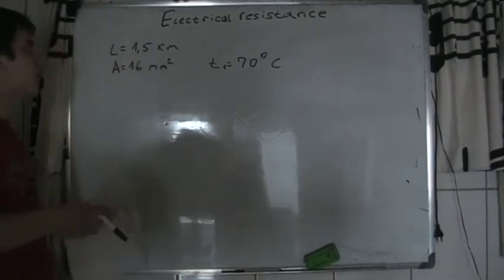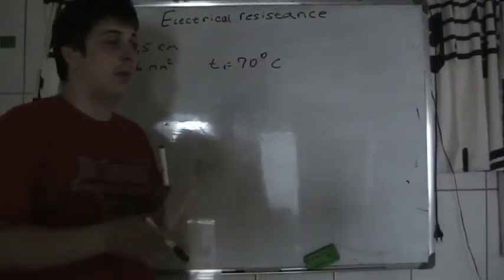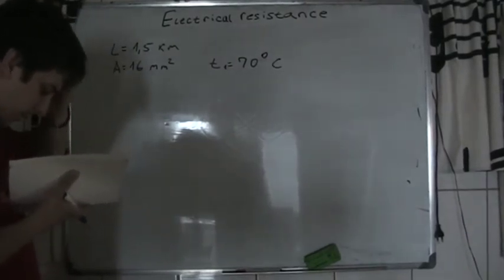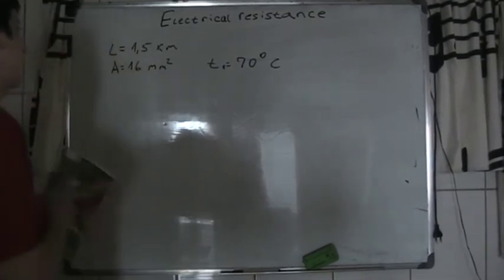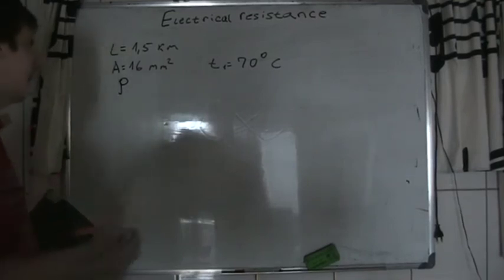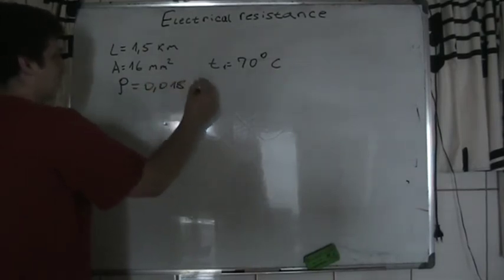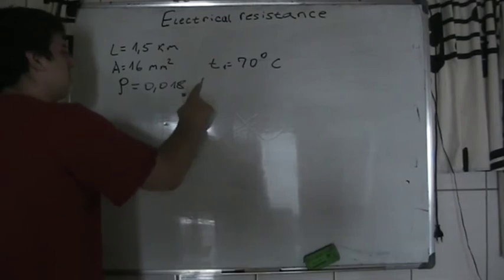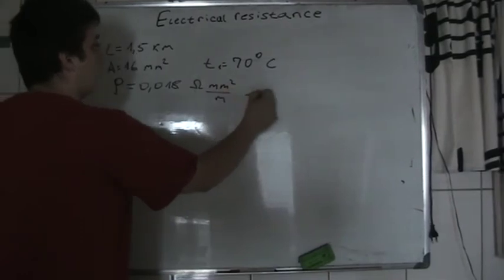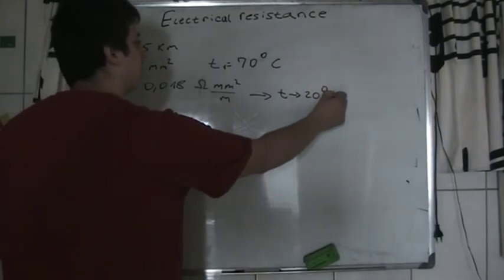Okay, so we have to first calculate the resistance. We have one more piece of information: the specific resistance of the copper wire at 20 degrees Celsius is 0.018 millimeters squared per meter.